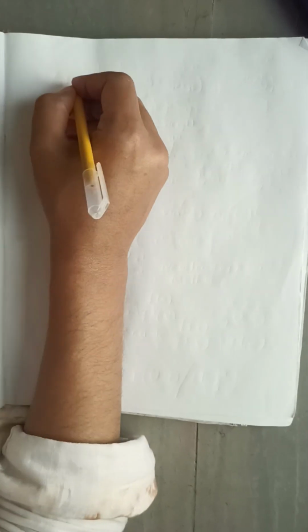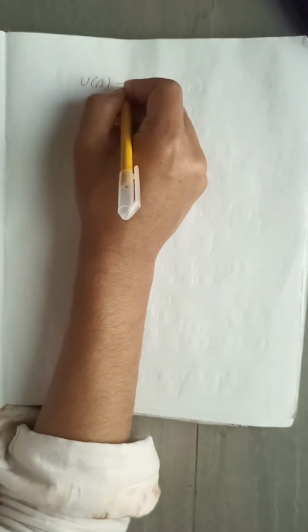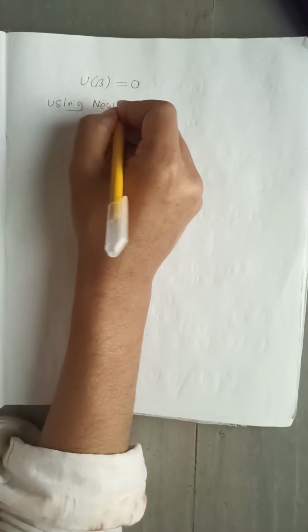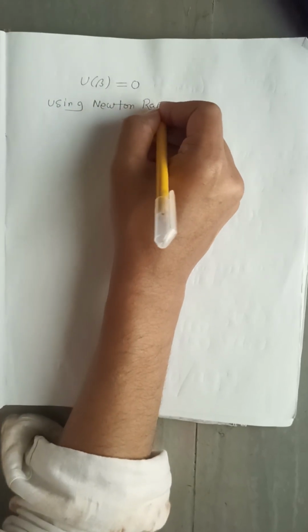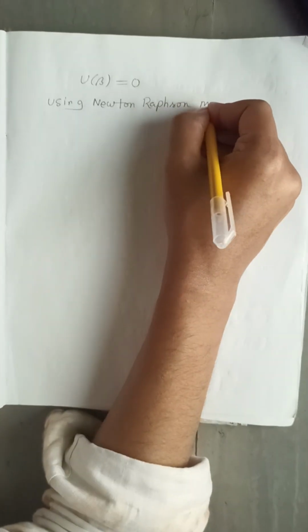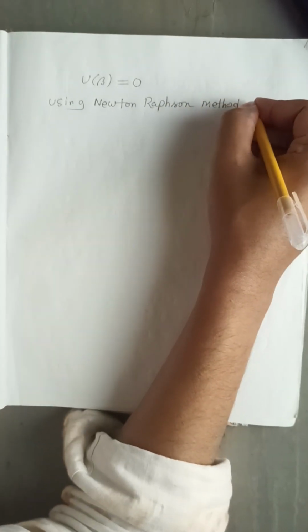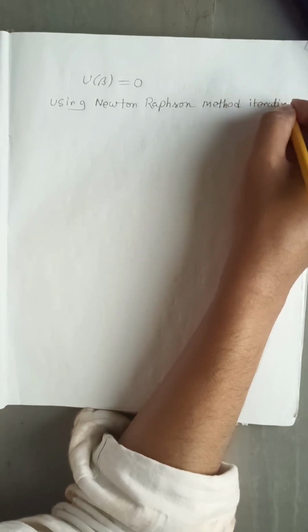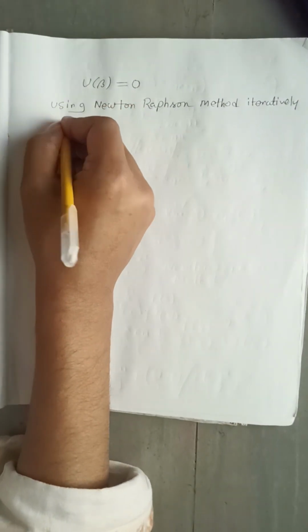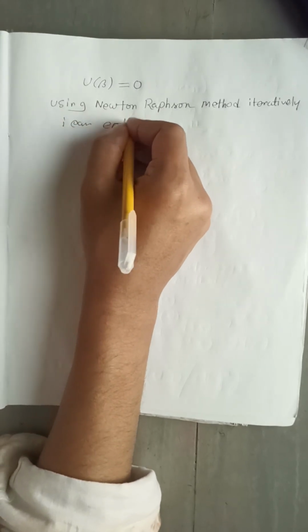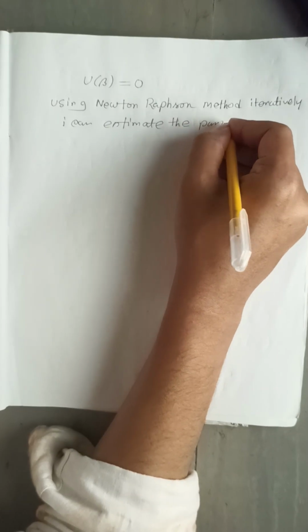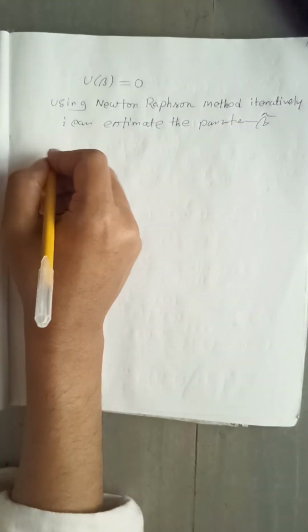So now, using the partial likelihood equation, I take U(beta) equal to 0, and using the Newton-Raphson method, an iterative process, I can iteratively estimate the parameter beta hat. How?